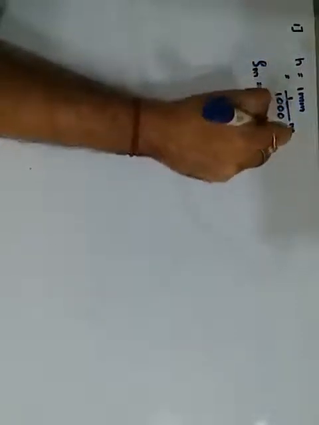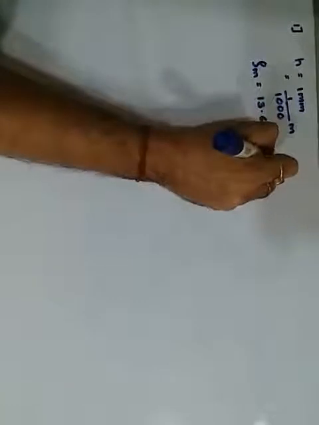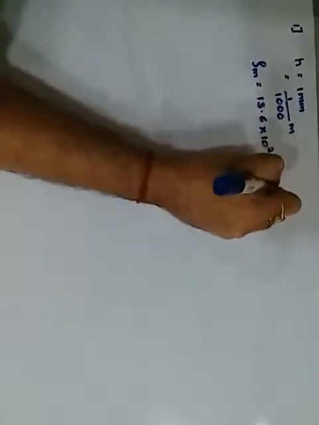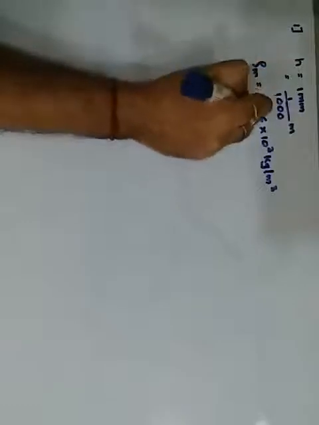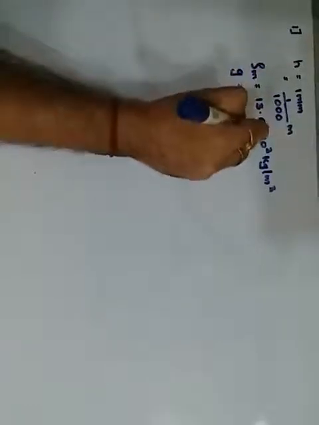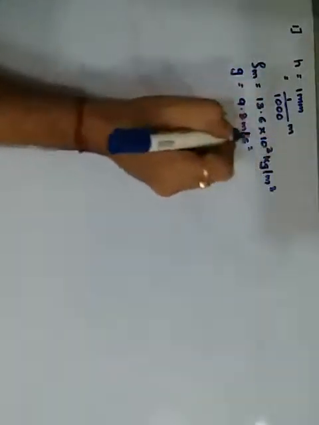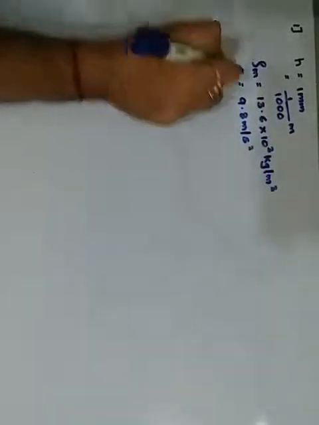The density of the mercury, that is rho of mercury is given as 13.6 into 10 raised to 3 kilogram per meter cube. Okay, and they have given the value of G as 9.8 meters per second square. We want the answer in Pascal, and therefore the solution. What is the formula for pressure?